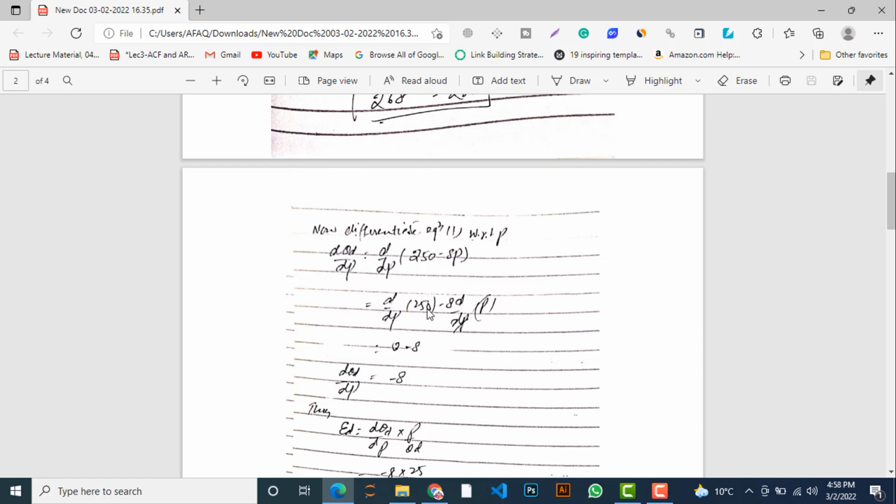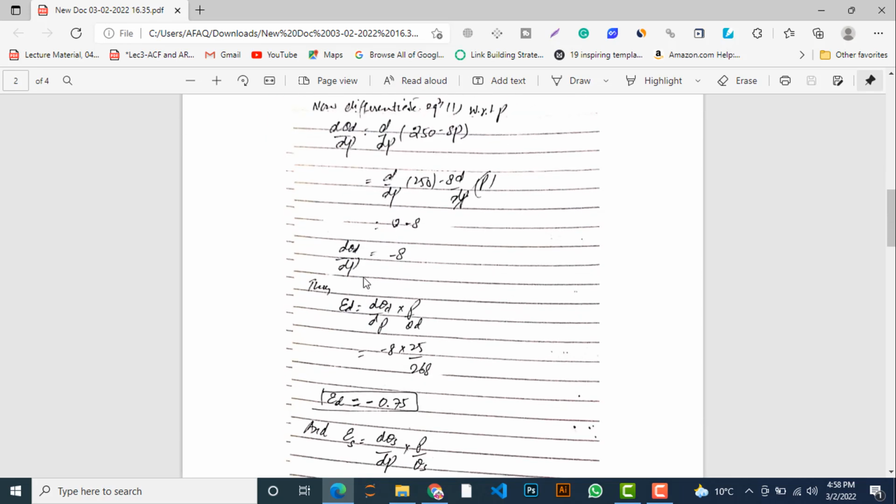The coefficient comes out of the derivative, and dP over dP cancel each other, so we get 0 minus 8, because the derivative of a constant is always 0. dQD over dP is equal to minus 8.